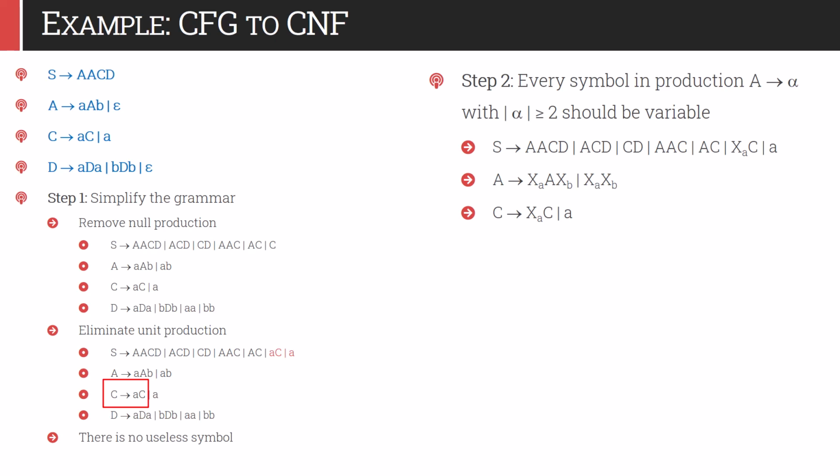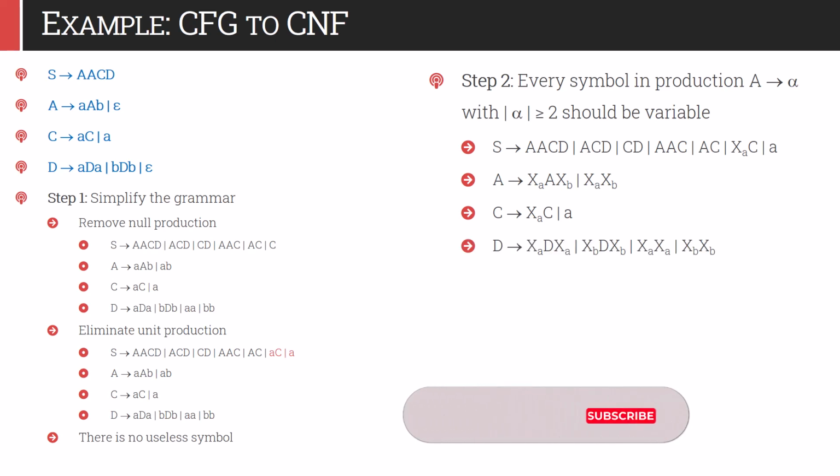The first production of C is of length greater than or equal to 2 and hence that a we are replacing by Xa. But in the second production of C, that is C derives a, the right hand side of the production has length 1 only. So we don't have to replace that a by Xa. Understand that. And similarly in the production of D we will replace all small letters by capital variables.